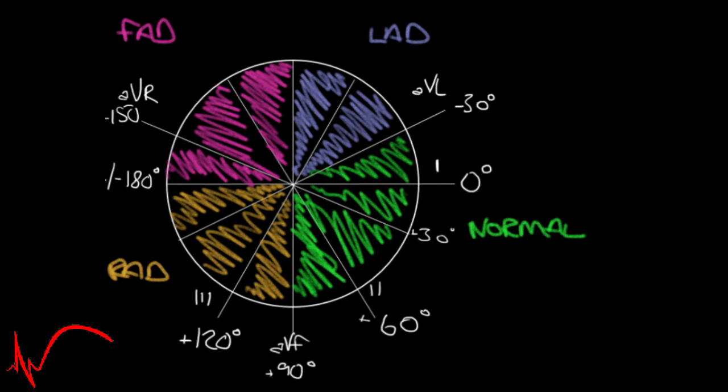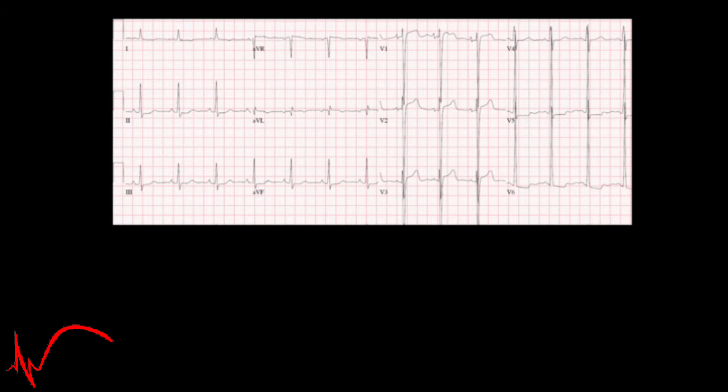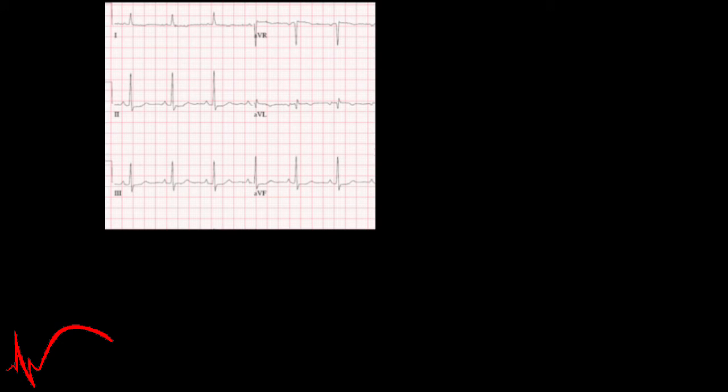If we get a 12 lead ECG recording like this one, we'll be looking at this lead, and this lead, then your augmented limb leads, AVR, AVL, and finally AVF. The precordial leads are not necessary for this calculation, so you can effectively get rid of them, which leaves us with this.